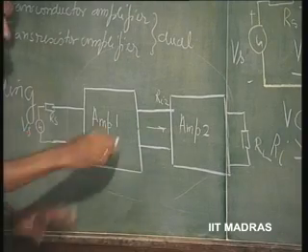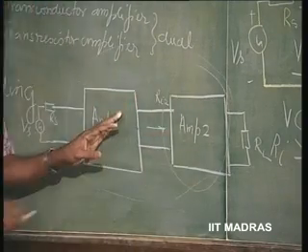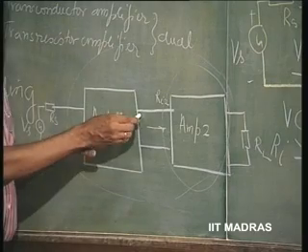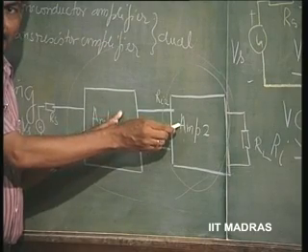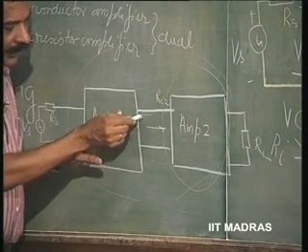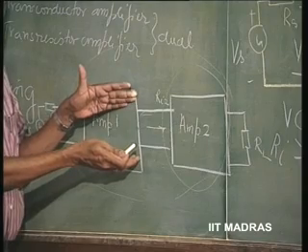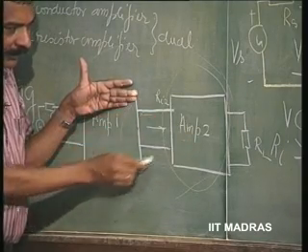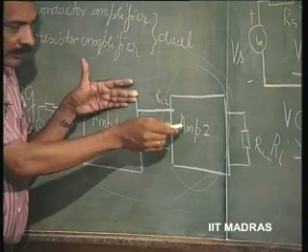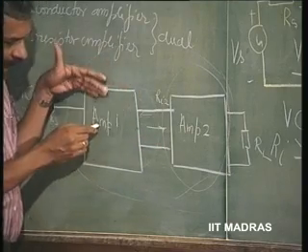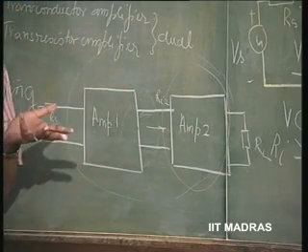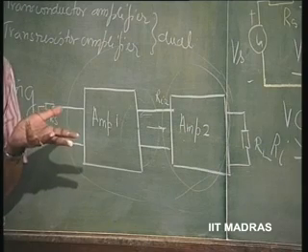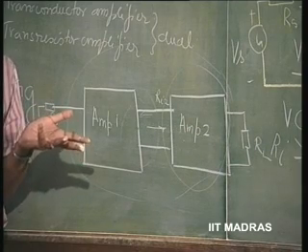And also as far as the amplifier 2 is concerned, look at it at this point, this is the point where it is looking at a source. This is the feed for the amplifier 2. So, this amplifier 2 can only look at this amplifier 1 as a source. It does not know whether it is an amplifier or a source, it cannot make a distinction.